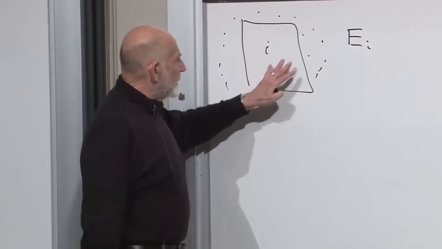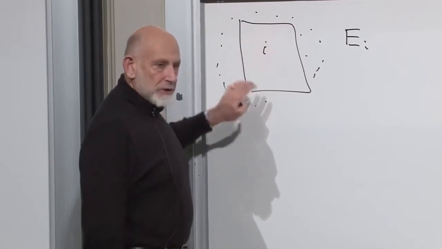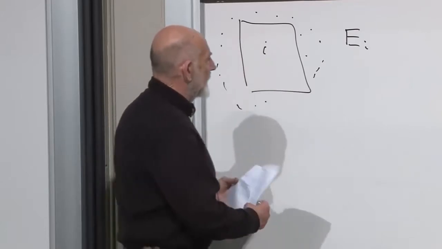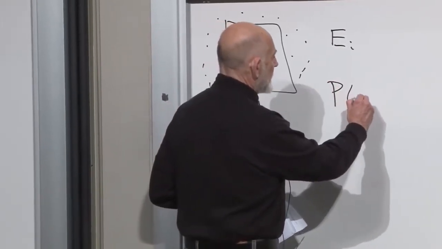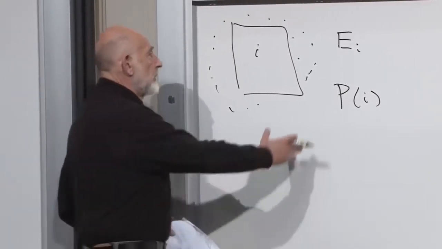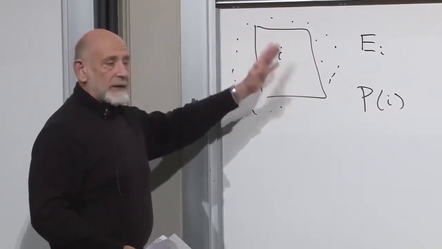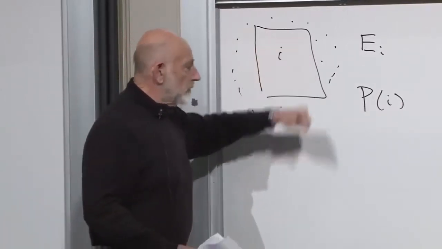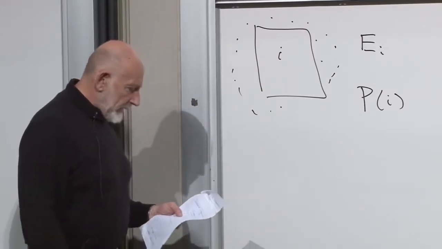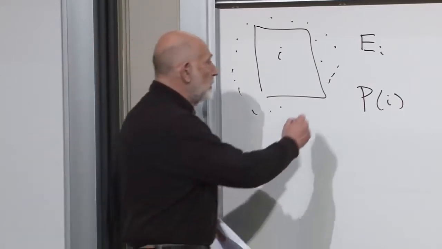But on the average, in equilibrium, there is some probability that the system is in the ith state with energy E sub I. That becomes probabilistic because it's interacting with an environment. There's some P sub I, and that P sub I satisfies some rules.